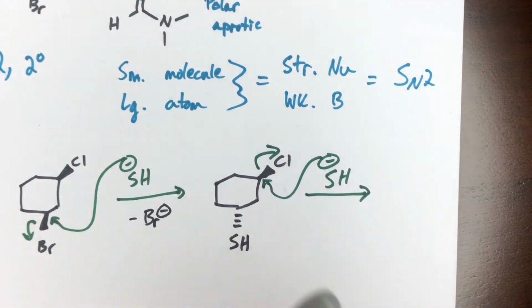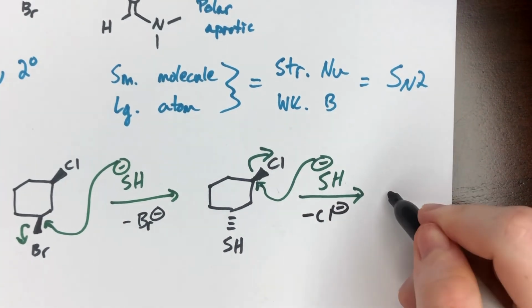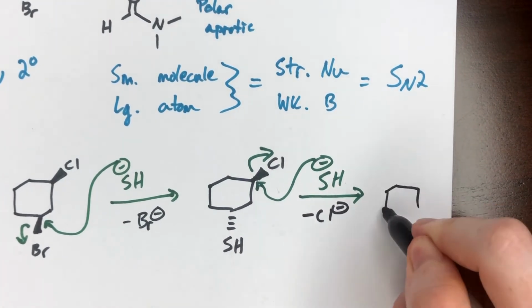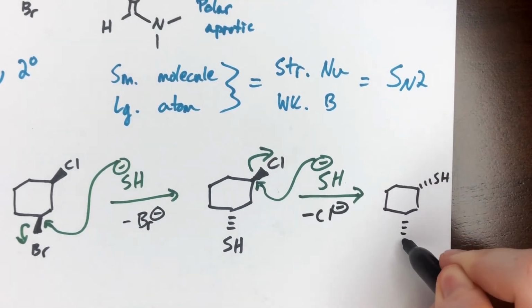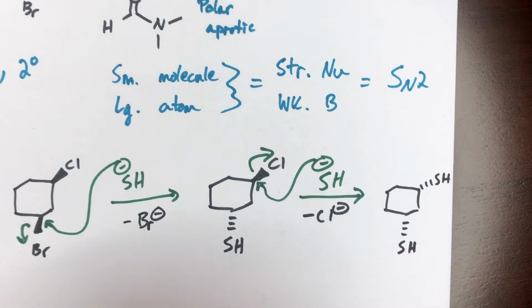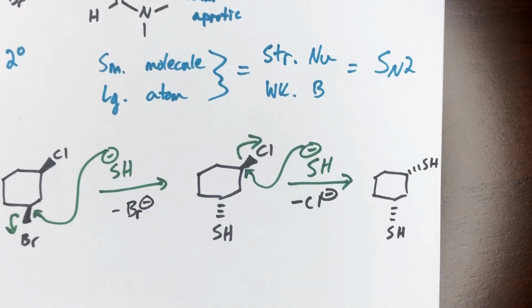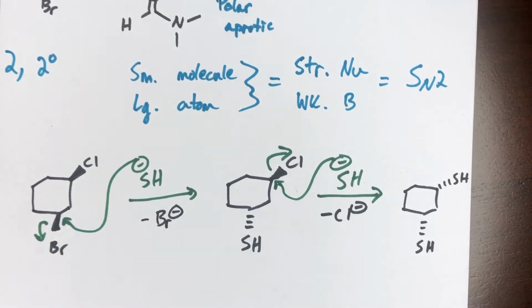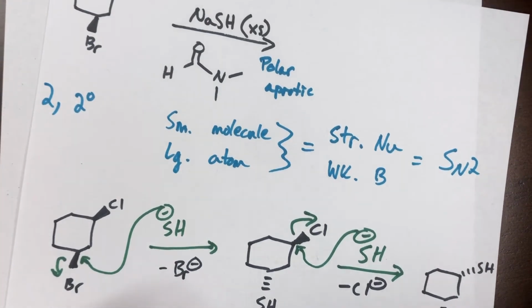Again, minus Cl minus as our leaving group. And then we get our di-substituted final product, this one here. Again, the stereochemistry inverts at both centers because it's an SN2 reaction at both centers. Okay, moving on to the next question.